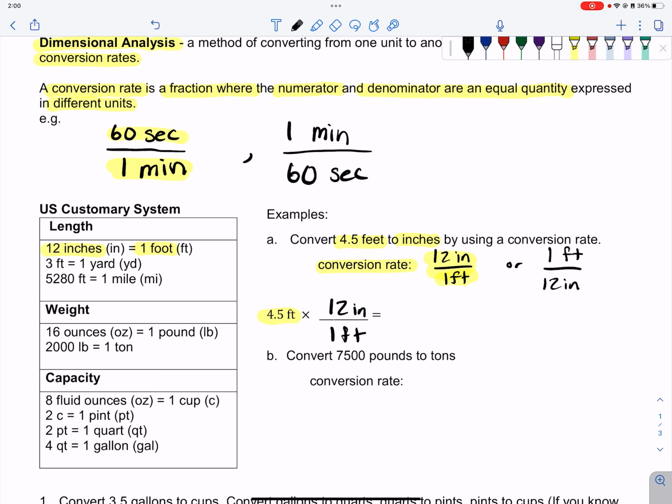So I'm going to multiply my 4.5 feet by 12 inches over 1 foot. And now my unit of feet are going to cancel out. So we're going to get 4.5 times 12, which is 54. And now this is in inches.